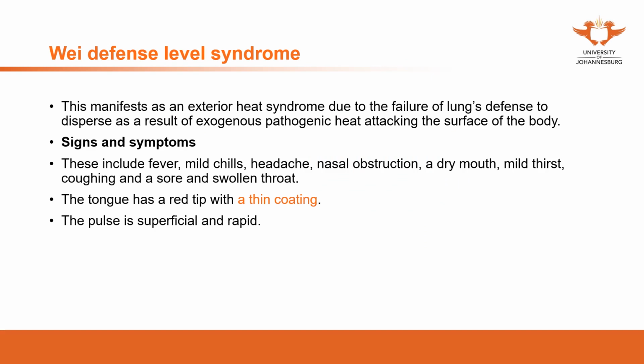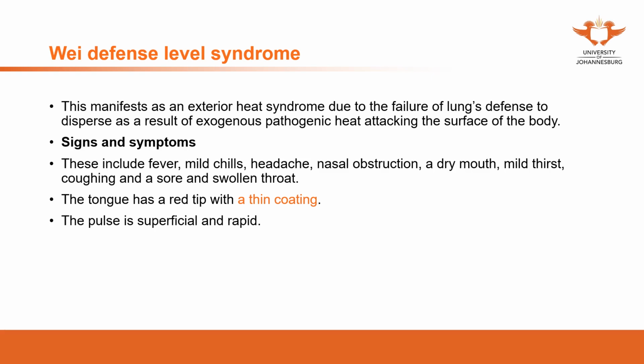Wei defense level syndrome manifests as an exterior heat syndrome. This is very important. This is different from the cold-induced syndrome. It is due to the failure of the lung defense to disperse. So the exterior heat pathogen affects the lung's function, resulting in lung problems.